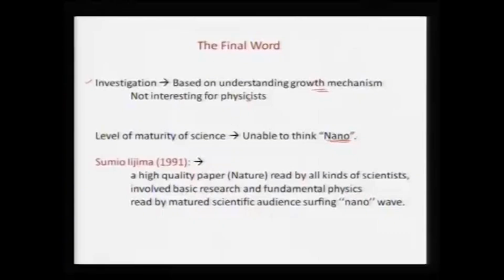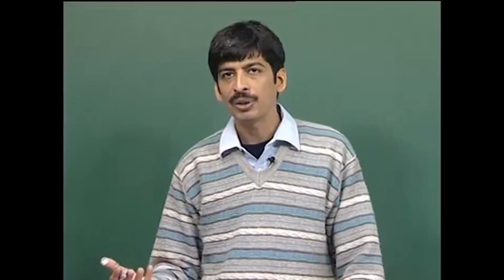Whereas, in 1991 this paper was published by Sumio Iijima in Nature, and that is read by all kinds of scientists and academicians, involving basic research and fundamentals. Physicists read them very easily; they are very widely read by physicists. So, now that the nanowave had caught on, people were more aware of what is happening around the world.